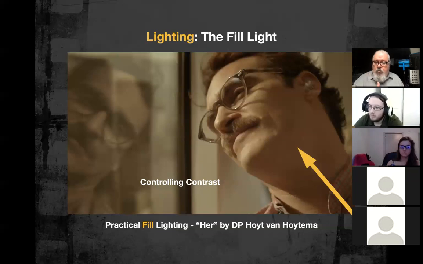So pick your battles with your lighting and decide what themes are represented in the shot or in the scene that you want to reinforce visually, and help the performance and help the script to affect the audience in the appropriate way.